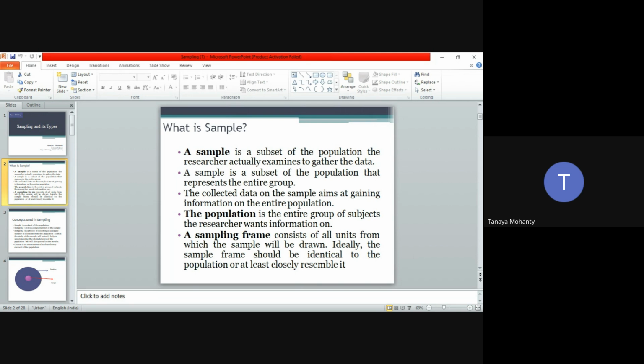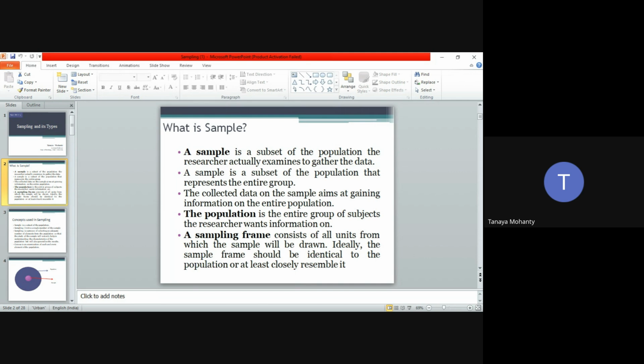So the two RCs that you have selected from each zone constitute your sample, and the entire RCs across the country constitute your population. You have to be aware of these little concepts when we are talking about sampling.